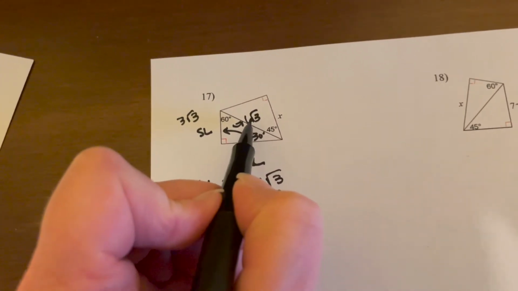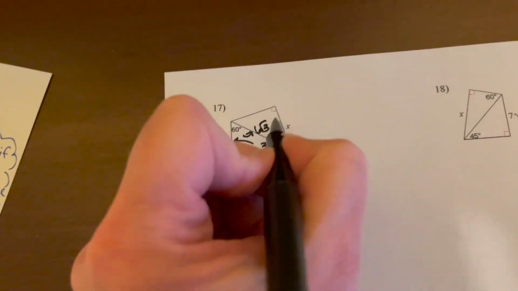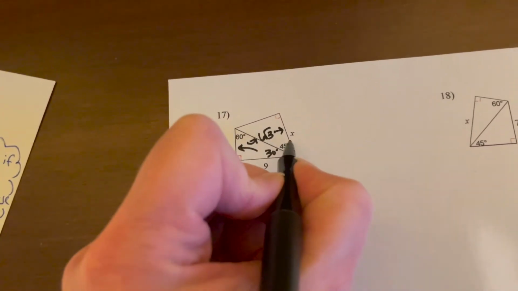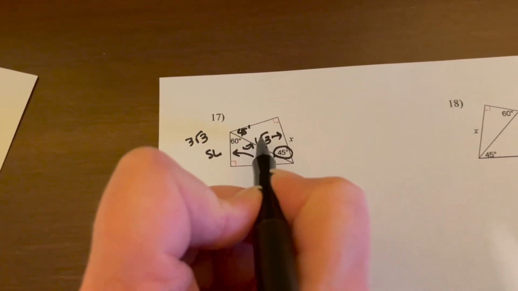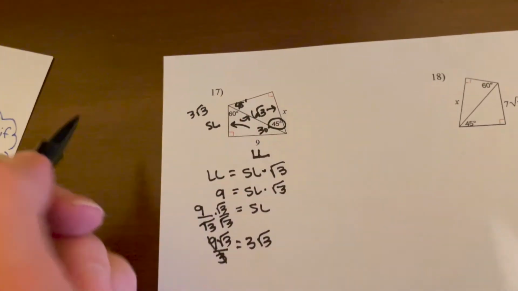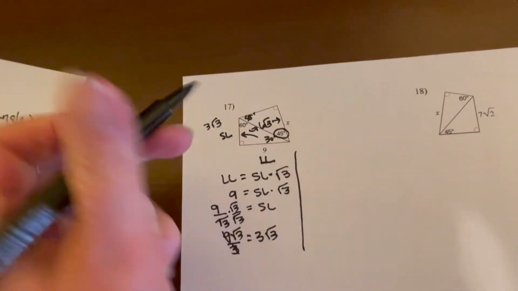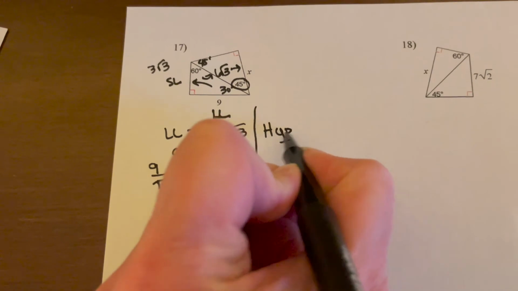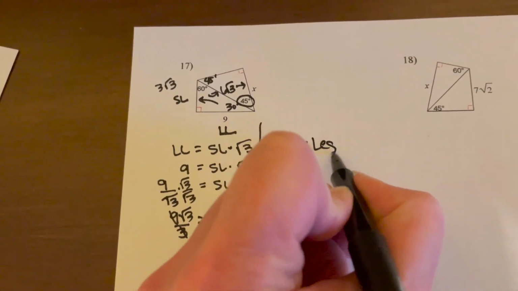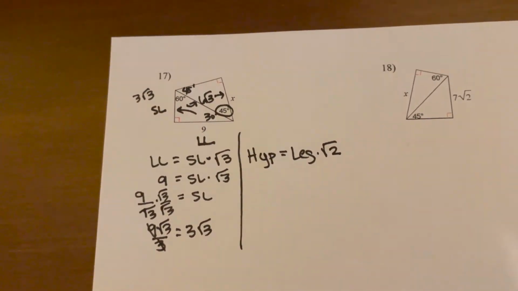And that's the hypotenuse. And now I'm going to work back from the hypotenuse in a 45, 45, 90 triangle. So I have the hypotenuse, and I need to get back to the leg. So on my second triangle, remember the hypotenuse is equal to the leg times the square root of 2.